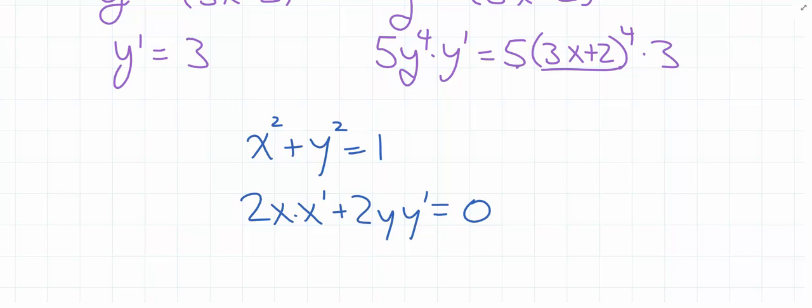Because now y is not a function of x, it's a function of t, and x is a function of t. So we now have this x prime, which is dx/dt, and y prime is dy/dt. Okay? So they're functions of this parameter.